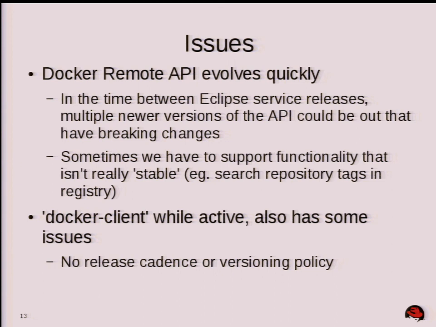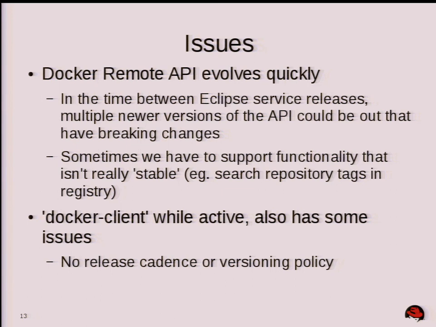All right. So I'd just like to quickly go through the issues we've had in the past and onward with respect to Docker tooling. So the remote API evolves very, very fast. And a lot of the times we face issues where we'll have a release and we're supporting the latest and greatest API.